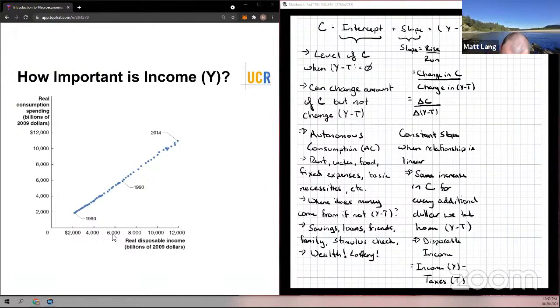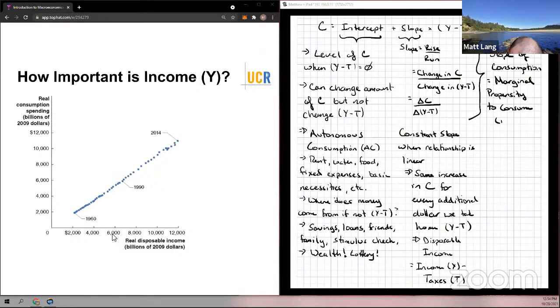Now, as you can imagine, we're going to have a special name for this slope, the slope of our consumption function. This function that's depicting our consumption is going to be equal to what we call the marginal propensity. The amount that you're going to do something, your propensity to do something, and this will be our propensity to consume.